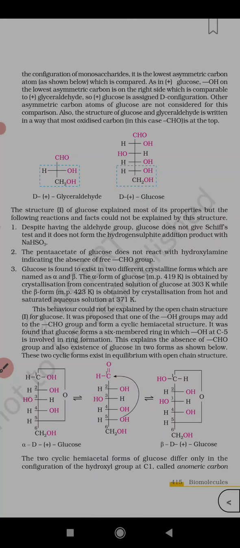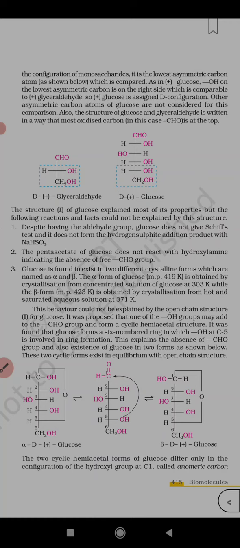The two hemiacetal forms of glucose differ only in the configuration of the hydroxyl at C1, called the anomeric carbon, the aldehyde carbon before cyclization. Such isomers, that is the alpha form and beta form, are called anomers. Anomers differ only in the configuration of the hydroxyl group at the first carbon.